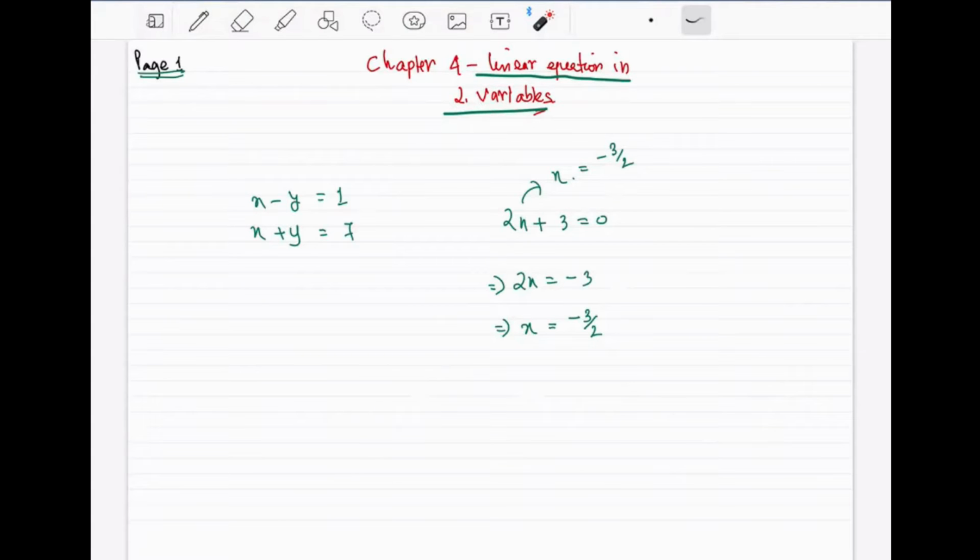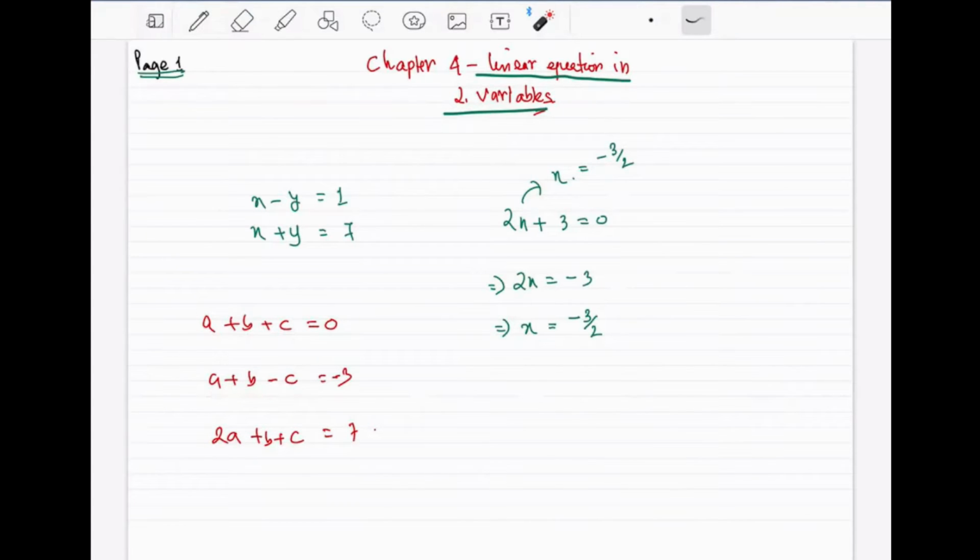Okay, the same principle will apply if you have three variables. Let's say I have linear equations like this: a plus b plus c is equal to 0, a plus b minus c is equal to minus 3, 2a plus b plus c is equal to 7. The variables are a, b, c.